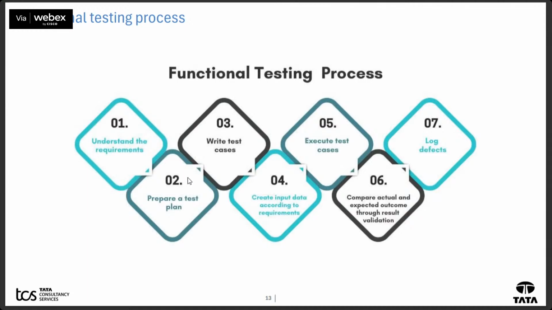So this functional testing team is a different team who basically understand the requirement. They prepare the test plan. They write the test cases. They create the input data for this and do any setup that is required, which could be the master data for this application.